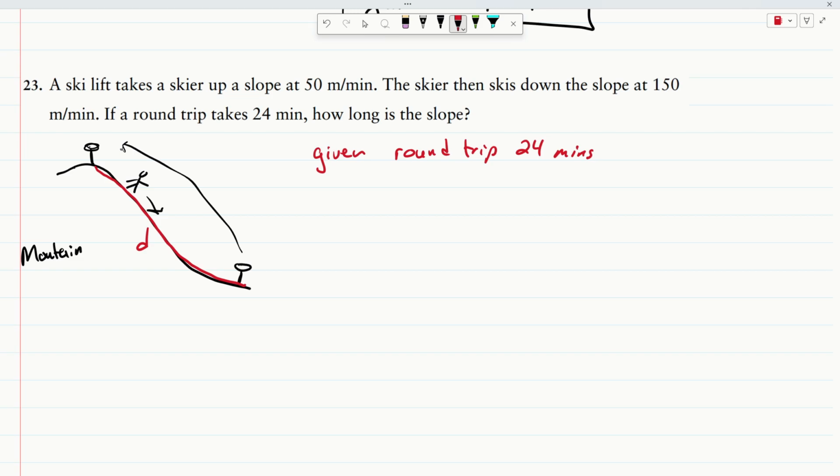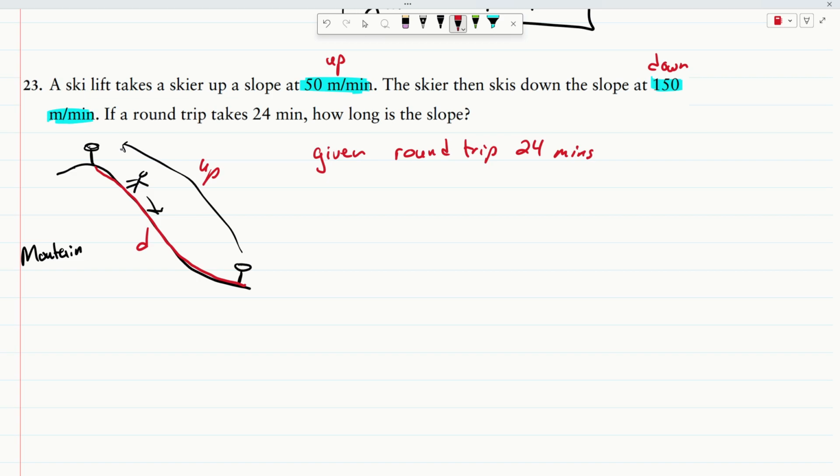Now, the one thing that is definitely for sure, the trip going up is different from the trip coming down because the rate going up the slope is 50 meters per minute, but coming down is 150. So we know if this total trip was 24 minutes, we spent more time going up than we did coming down. That we know. What else do we know?